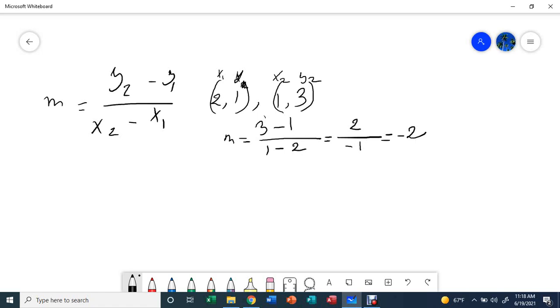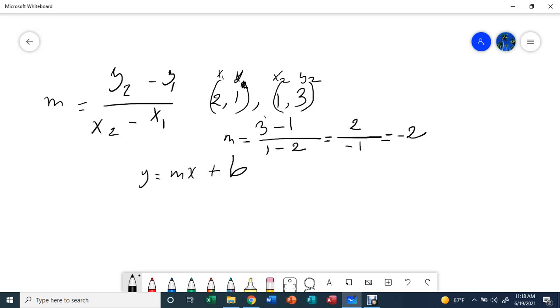Now, using the slope-intercept form, which is y equals mx plus b, m is the slope and b is the y-intercept.